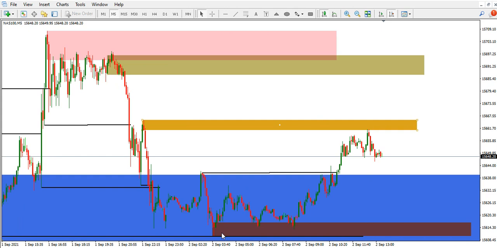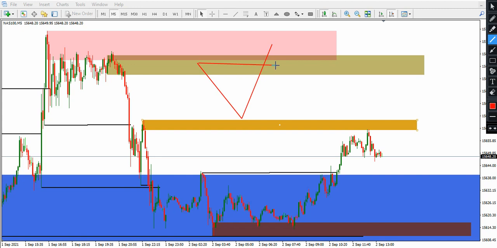So this order block will be violated, and whenever we have a structure like this, with a break of market structure and then an order block here, price comes down to violate this order block, and then we expect price to go up to trade into it and then go down after the order block is violated.